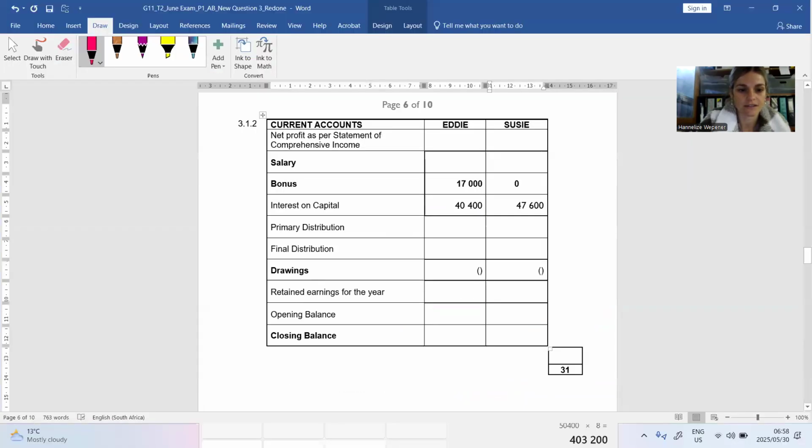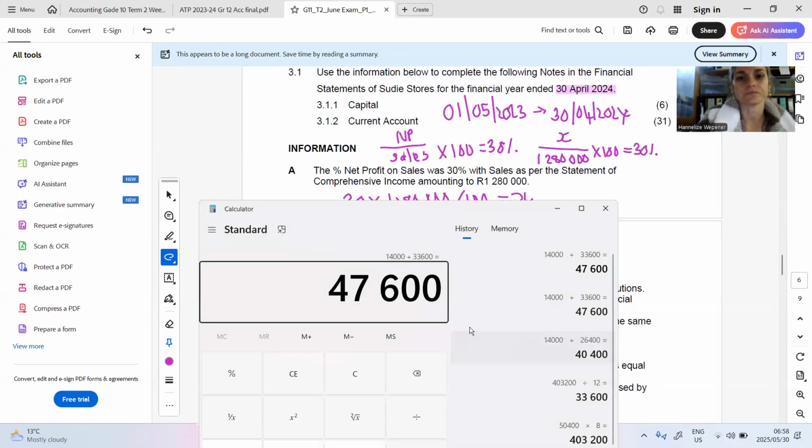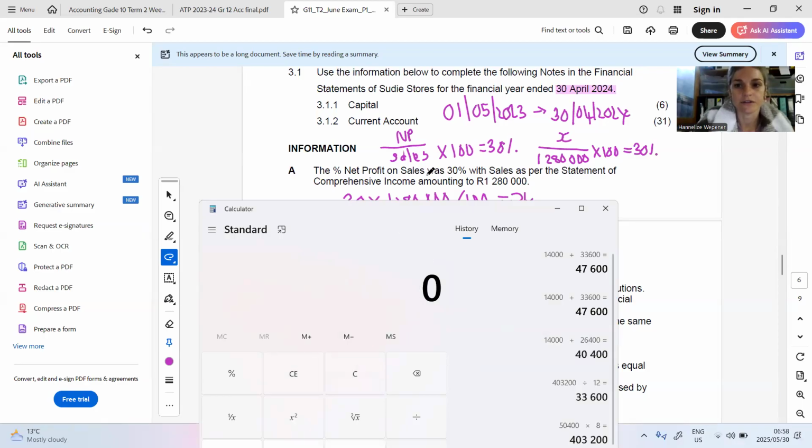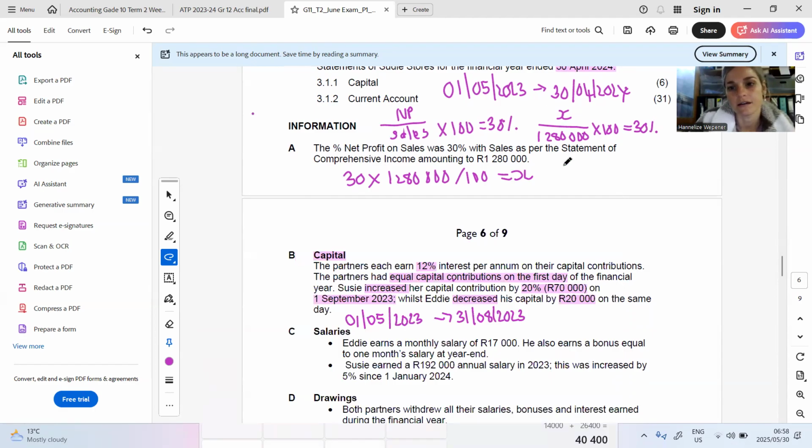Okay, let me just get this back. There we go. So 30 times 1.28 million divided by 100. So 384,000. That was my net profit.